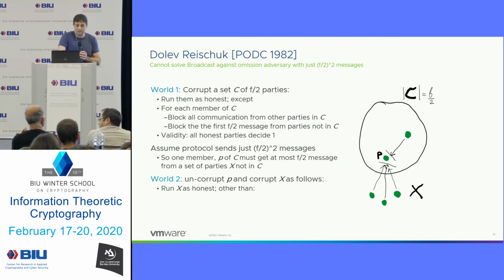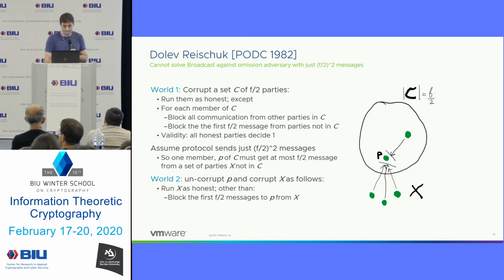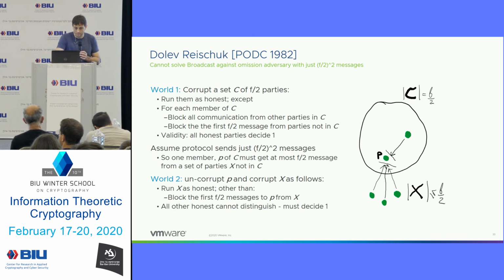So we take this group X and we corrupt them. We are still allowed to corrupt f over 2 because we only corrupted f over 2 in the first round. And how do we corrupt? We simply block the first f over 2 messages that X sends to P. This is a small group, so we're okay.